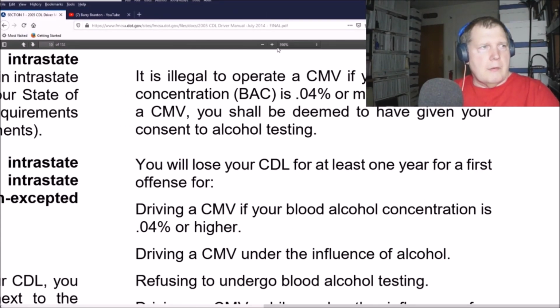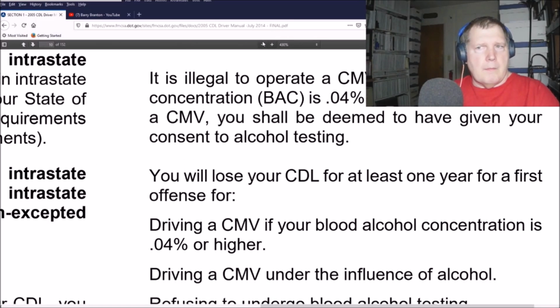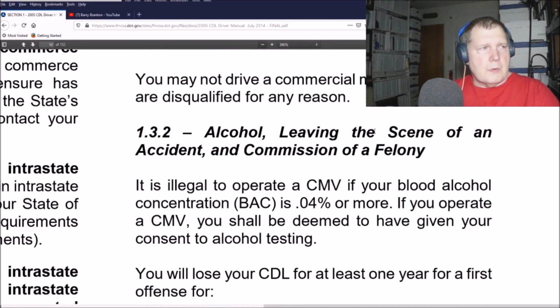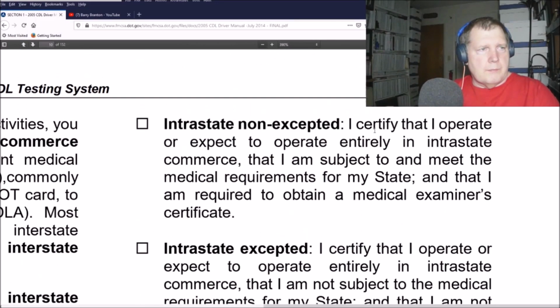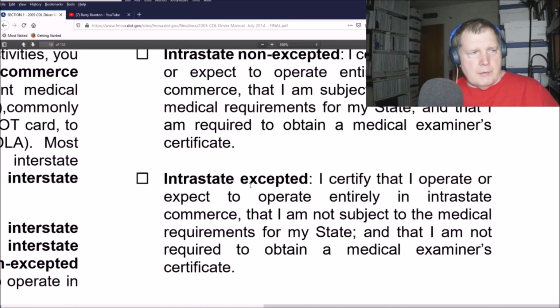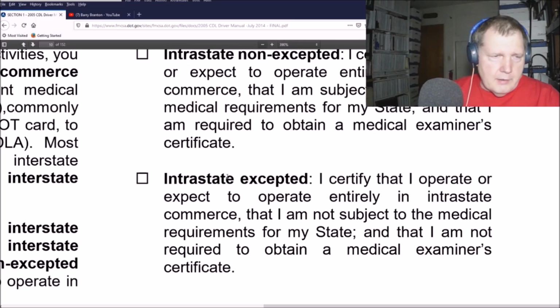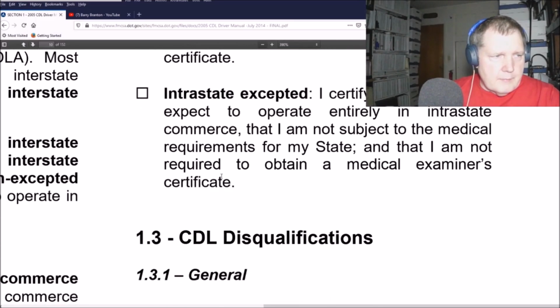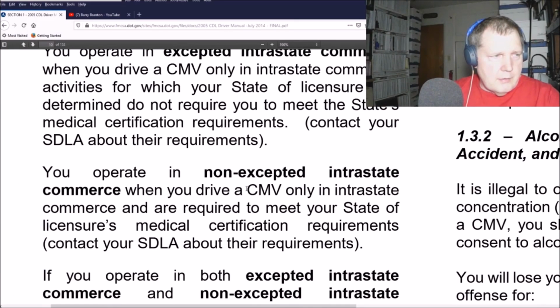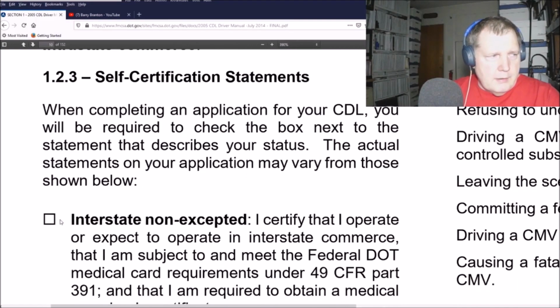All right, and then we have intrastate non-accepted, and also intrastate accepted. As I said, the one you're going to be concerned about is interstate non-accepted.